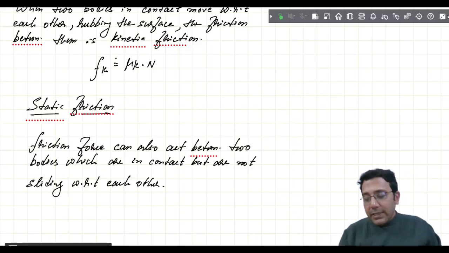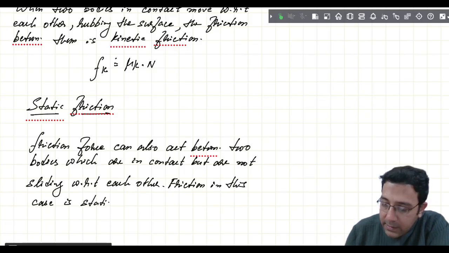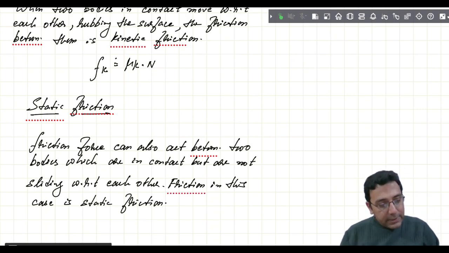Okay. Friction in this case will be static friction.